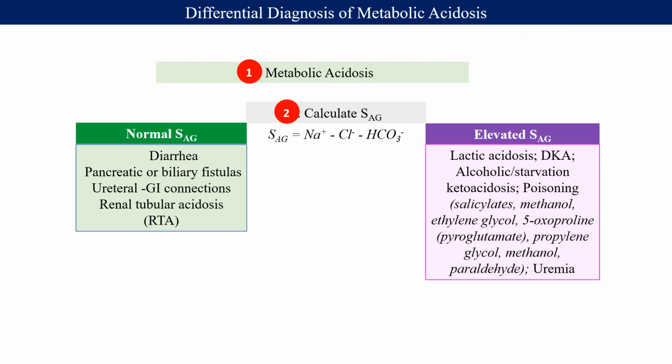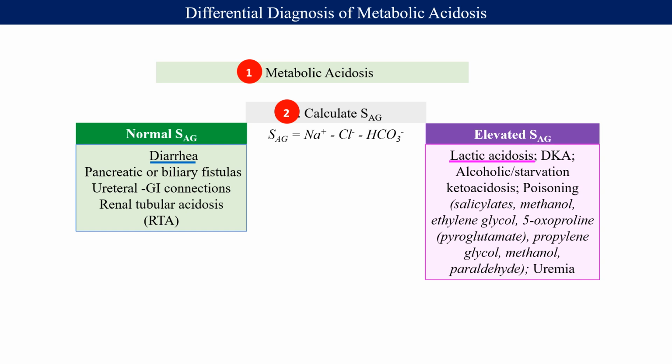Can we have a patient who has both an elevated anion gap metabolic acidosis and a normal anion gap metabolic acidosis? Of course. Look at the differential diagnoses of normal and elevated serum anion gap metabolic acidosis. A patient can have a normal serum anion gap metabolic acidosis from having diarrhea, while being septic with a high serum anion gap metabolic acidosis from lactic acidosis.